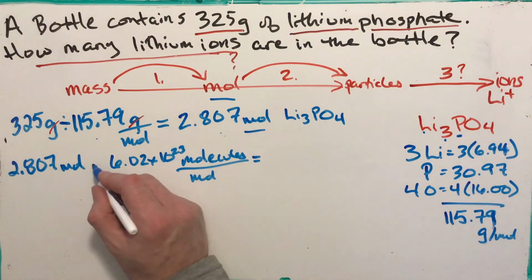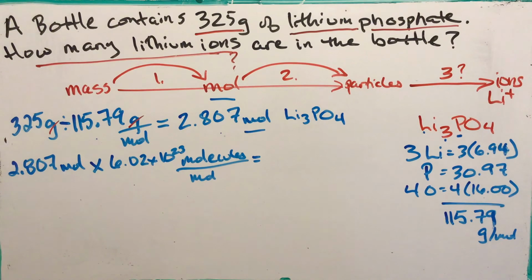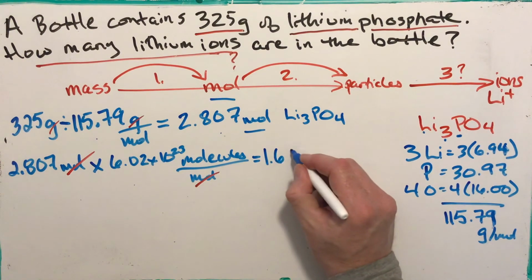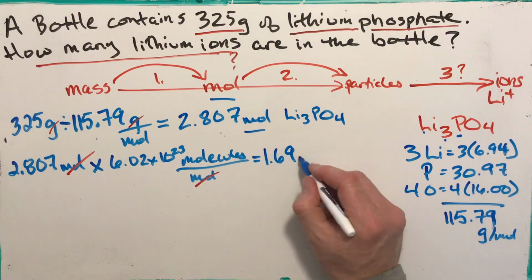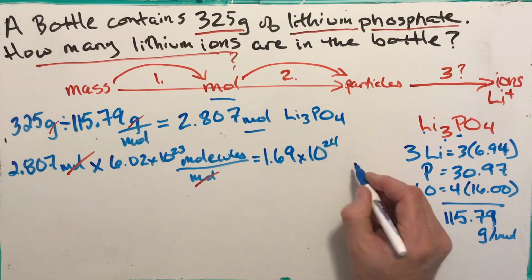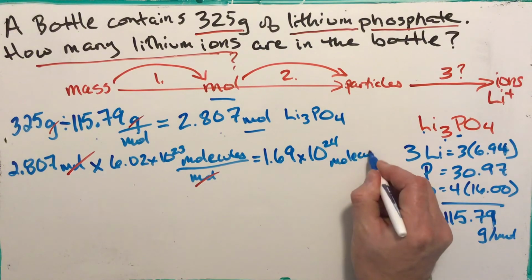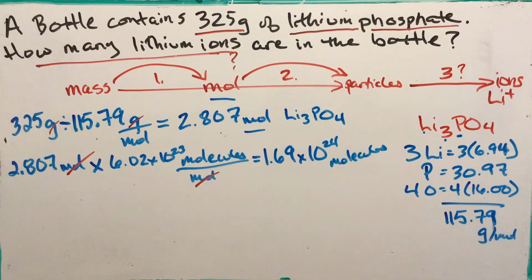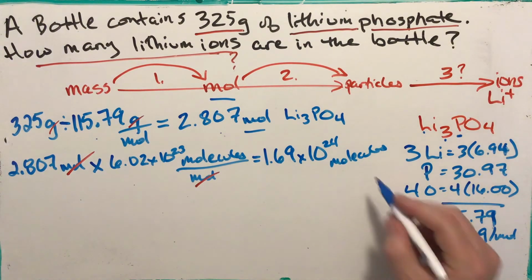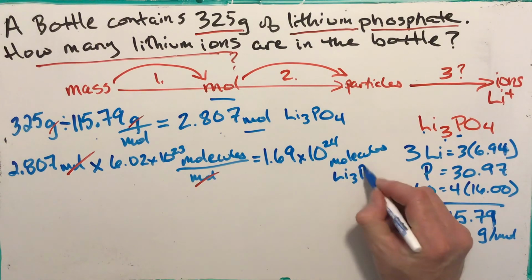All right? I'm going to multiply that, and what that'll do, moles on top and moles on bottom will cancel out. Then I'm going to multiply this, and that's going to give me 1.69 times 10 to the 24 molecules. And that's molecules, again, of Li3PO4.